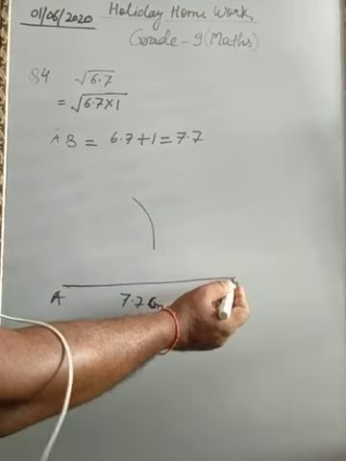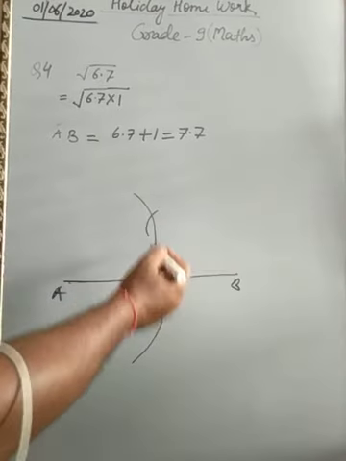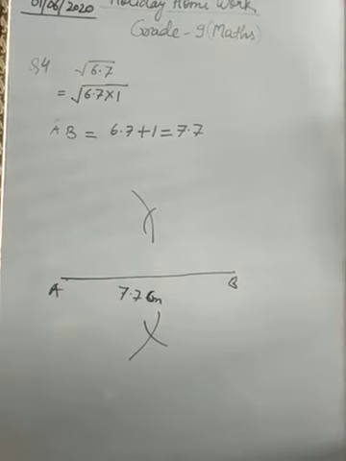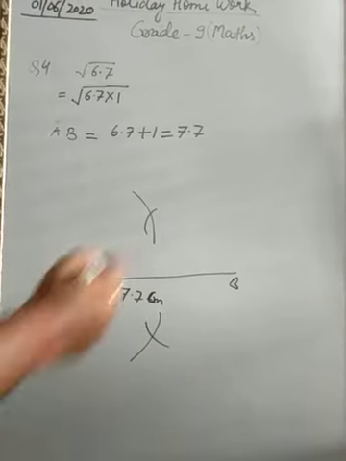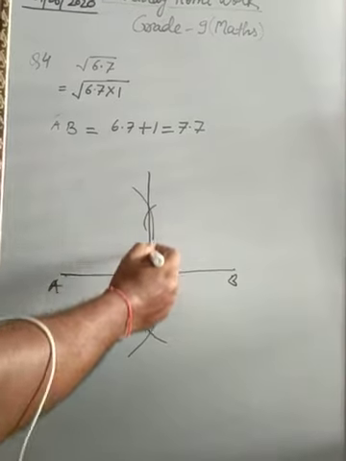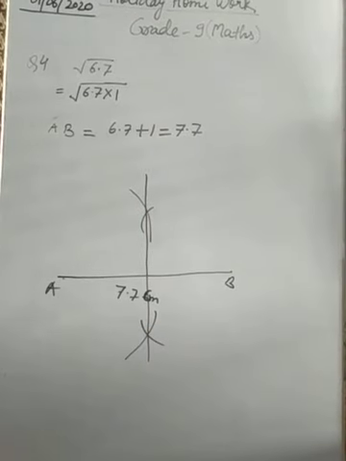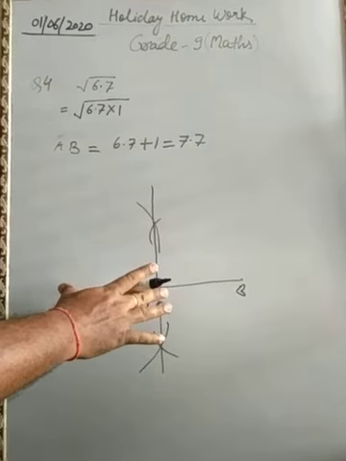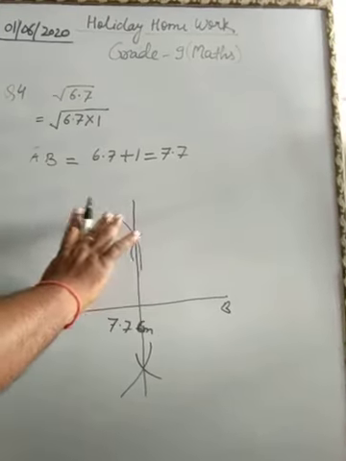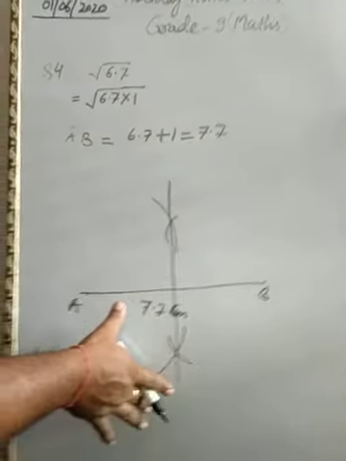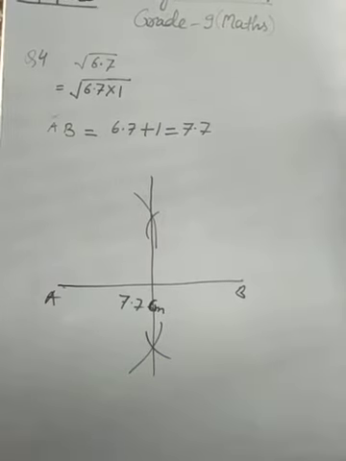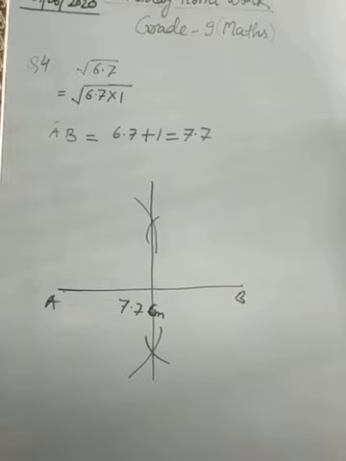Draw the arc from A and then from B. Radius of the arc should be more than half of AB. Both the arcs will intersect each other and join that point of intersection. Again I am repeating, I took the radius more than half of AB, I drew the arc upward and then downward. Again with the same radius with the point B, I drew the arc. Both the arcs intersected at the point.